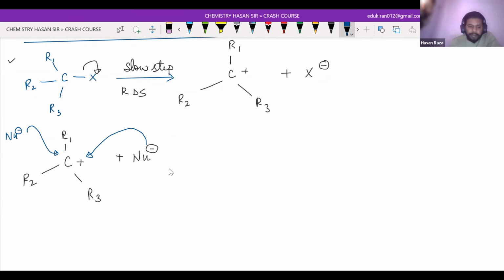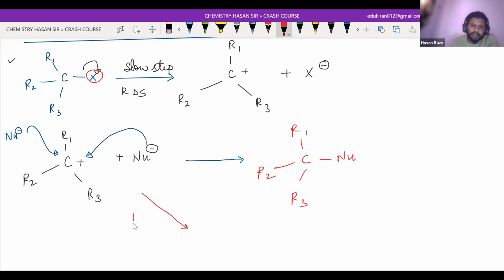If it attacks from the front side, then it will take the position of X where it was earlier. That means you will get this as the product. R2 is here and R. And if it attacks from the back side, this is the back and this is the front attack.